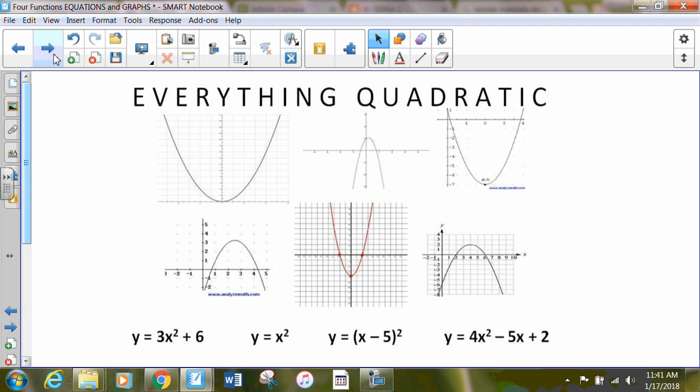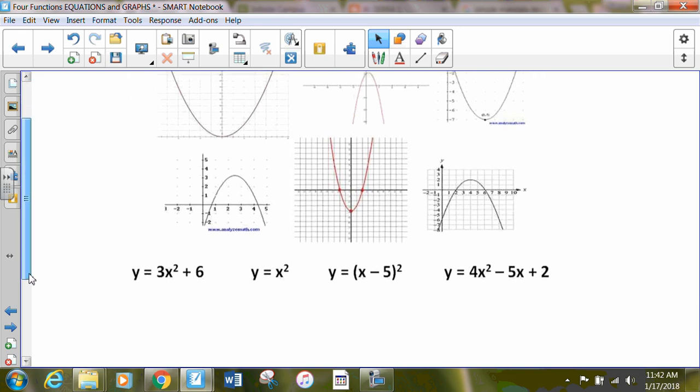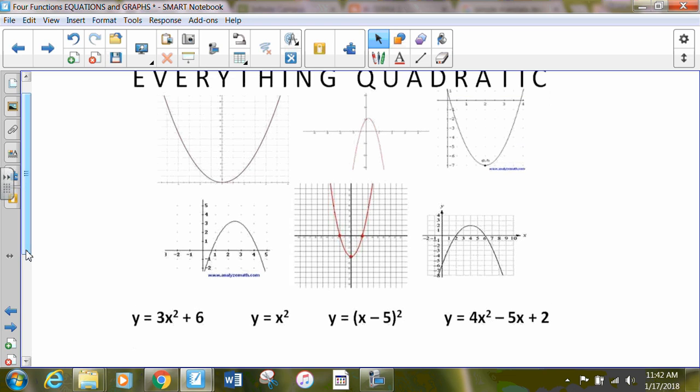You may be like going, oh, Miss Overby, that's so corny. But it's the way a lot of people remember. Quads look like U because you have quads. Okay, so that's one way you can remember what quadratics look like when you graph them. Let's look at the equations, and we notice something right away.